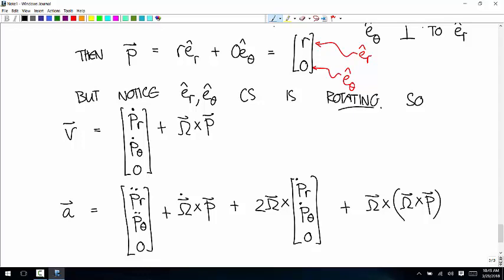You get these funny, complicated expressions. Well, this is where those come from. And so on Friday, we'll use this to derive expressions for velocity and acceleration in a polar coordinate system. And it works the same in cylindrical. Spherical is a little more complicated. Okay, that's all.